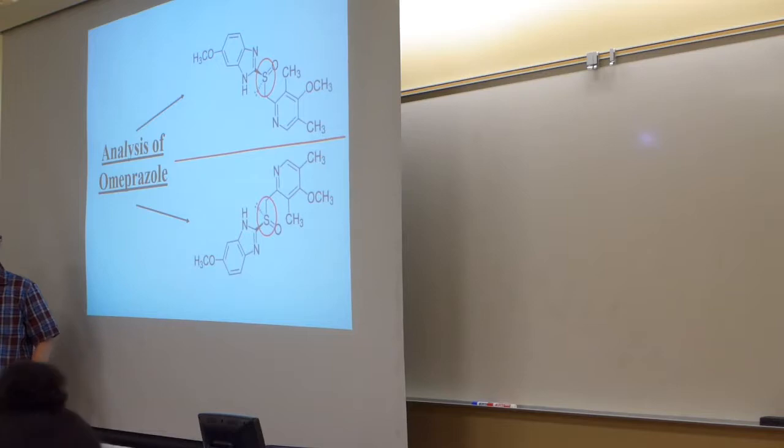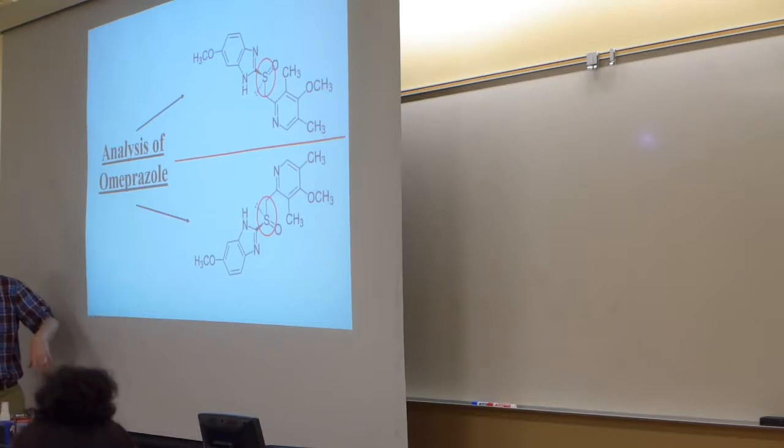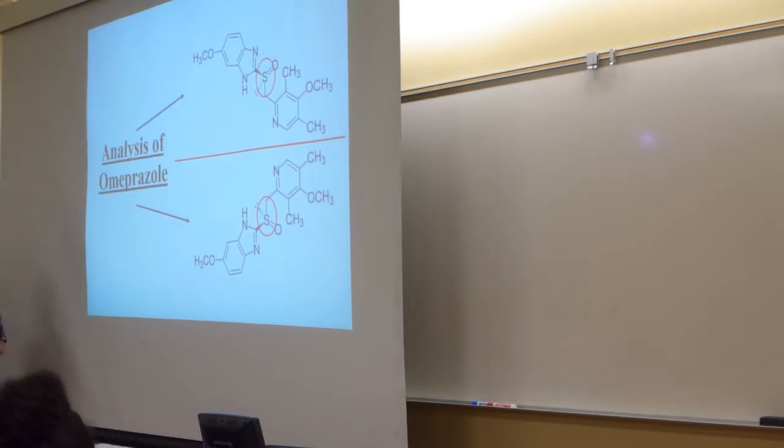Okay, so Prilosec is an antacid basically, but it's more than an antacid. It's what we call a proton pump inhibitor, meaning that it actually prevents the production of hydrogen ions in your stomach from becoming abundant, because when we have a lot of hydrogen ions, your stomach gets really acidic and you get heartburn. Okay, so this is a proton pump inhibitor. It prevents basically HCl buildup in your stomach.